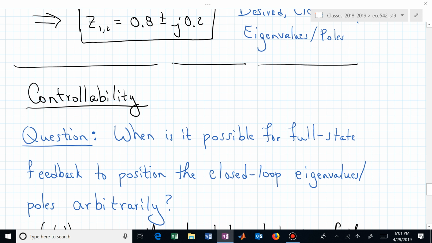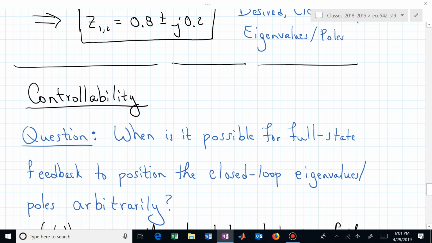But now let's talk about controllability, or answering this question. When is it possible to find a gain K, or a full state feedback gain matrix K, to make our system behave however we want? Now I want my system to have poles at 0.7 plus and minus j 0.1. Is that possible?